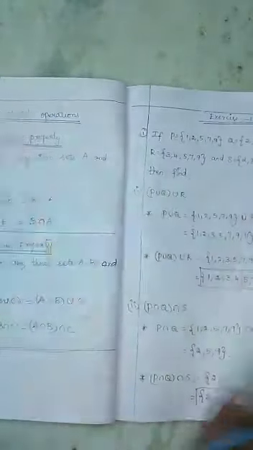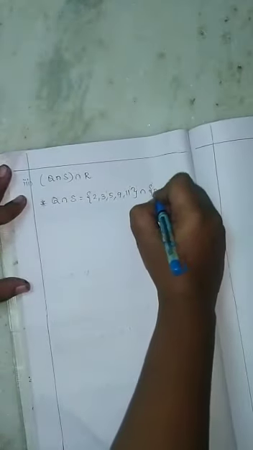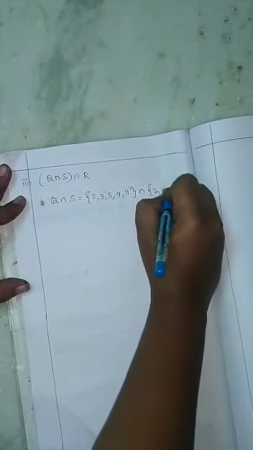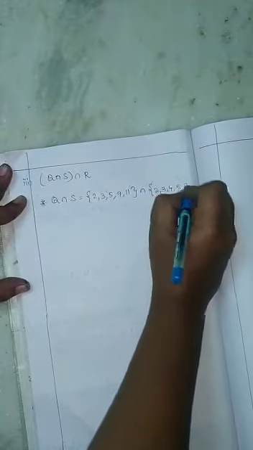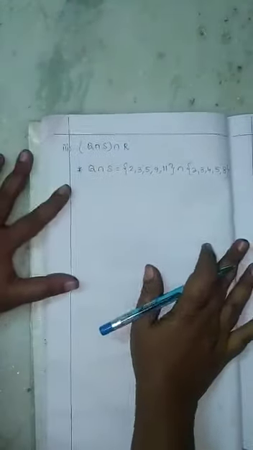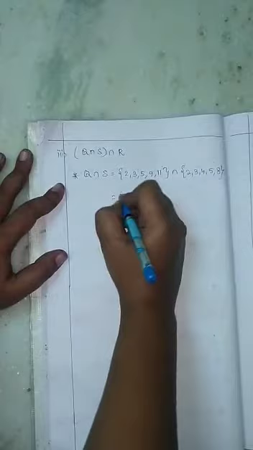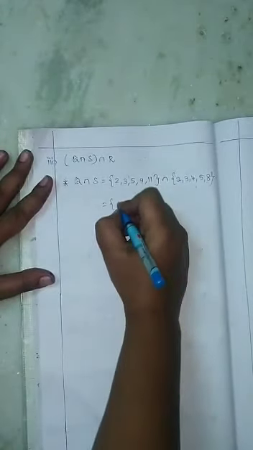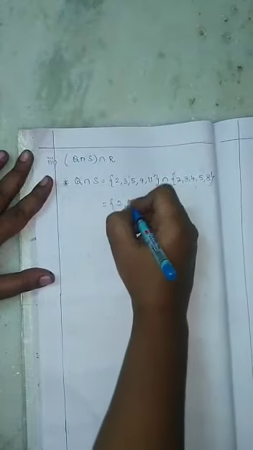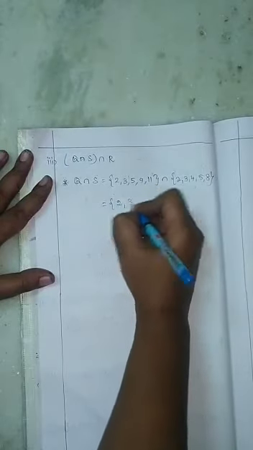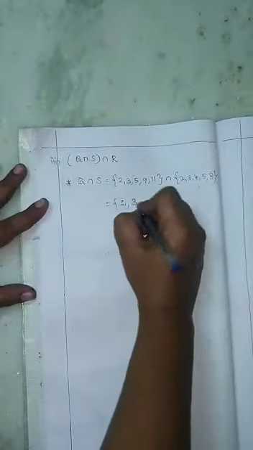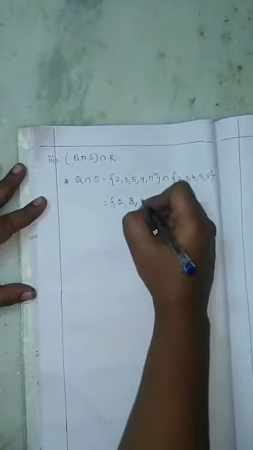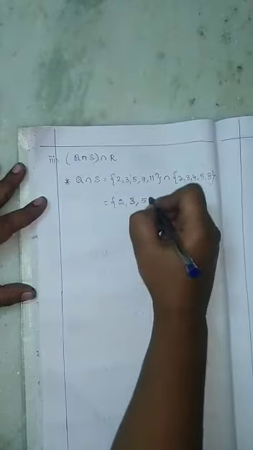What is the S element here? 2, 3, 4, 5, 8. Now intersection means we should see the common elements. 2 is common, 3 is common, and 5 is common. 2, 3, 5 is common.